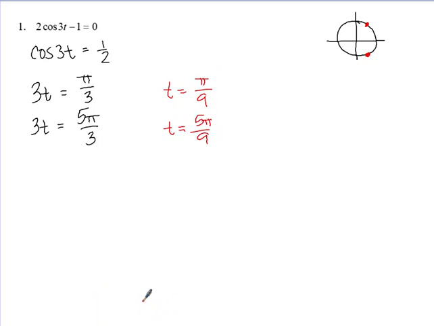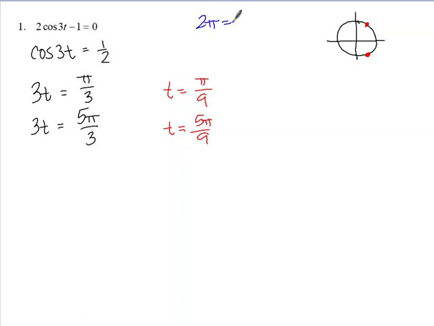We want all of the solutions that are on the interval 0 to 2 pi. These values are not anywhere close to 2 pi, so we need to continue looking at coterminal angles to figure out if there are other solutions. So I'm going to take pi over 3 and add 2 pi.